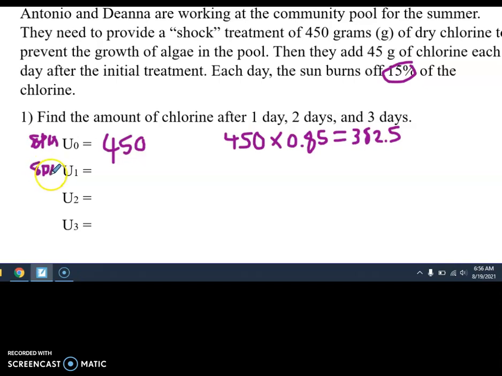And so let's say every 24 hours, what's happening is that 15% of the chlorine is being burned off. So that means 85% is left. And then they take that answer of 382.5, and they're going to add in another 45 grams of chlorine.